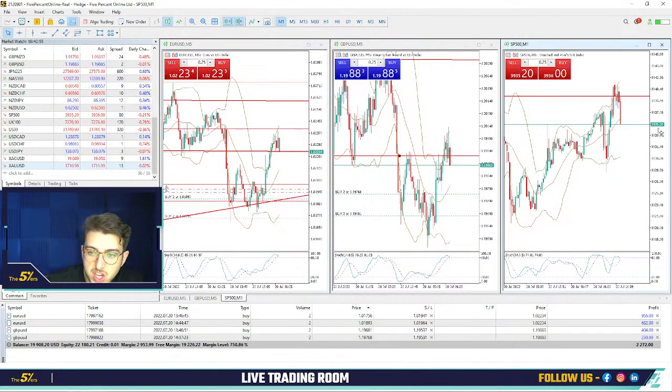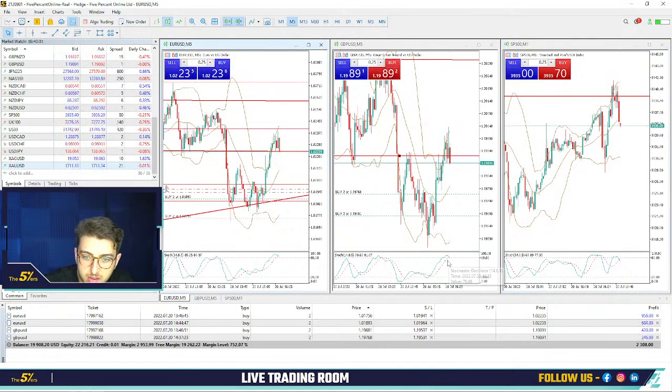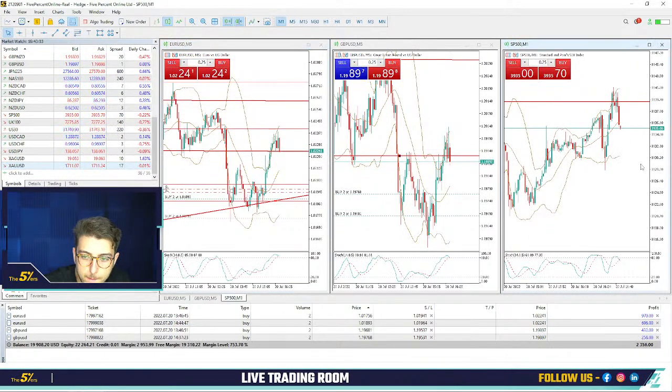Yeah, the S&P is rejecting here. We're going to see also some rejection on the pound and on the euro. Stochastic is starting to cross. Let's wait for the momentum.